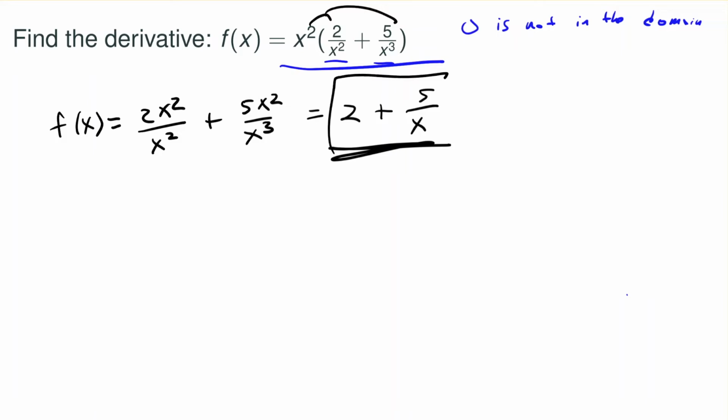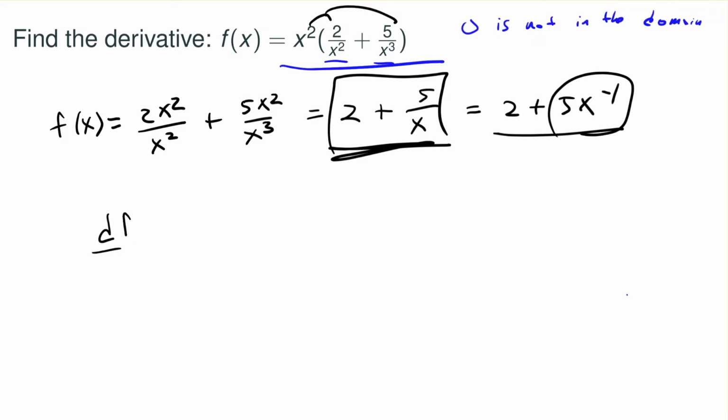Now we can look at this and take the derivative. We can also rewrite this as 2 plus 5x to the negative 1 power. The reason we do that is that we can apply the power rule to this term right here. So then if I take the derivative of f with respect to x, the derivative of 2 is just 0. Instantaneous rate of change is 0.